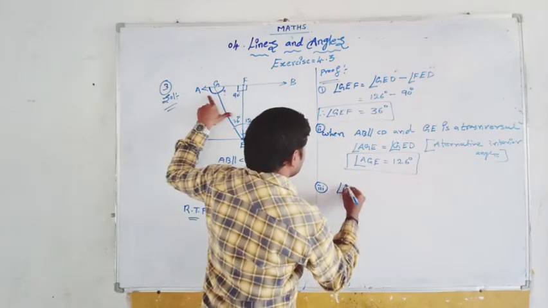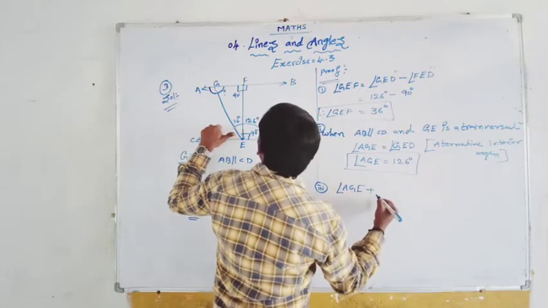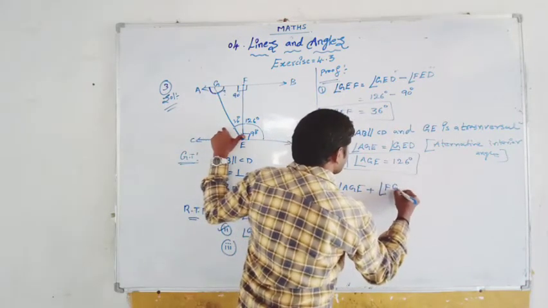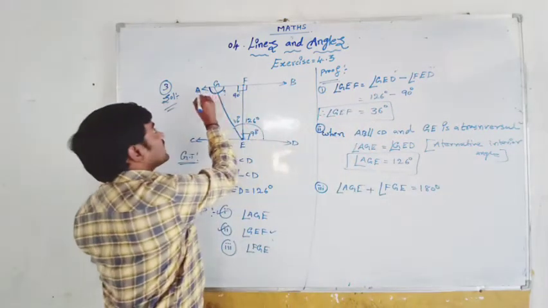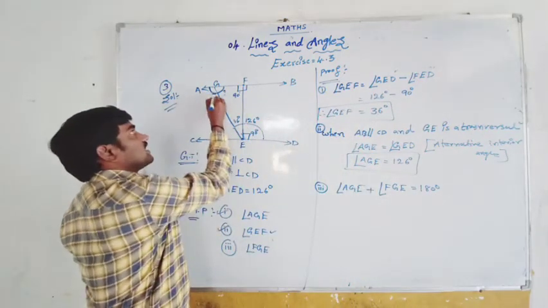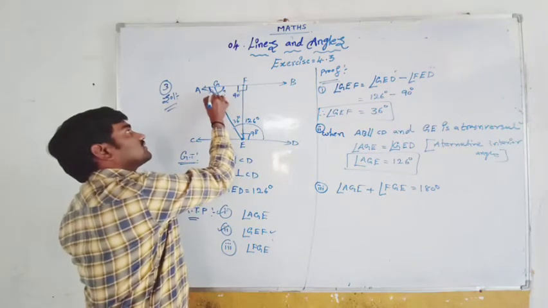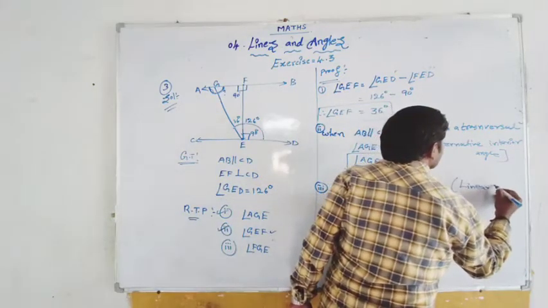Now here angle AGE plus angle FGE is equal to 180 degrees. That means the sum of angle AGE and this angle F to G, G to E is 180 degrees. That is linear pair angles.